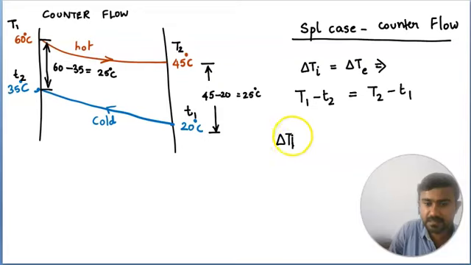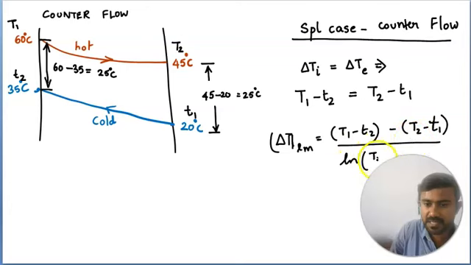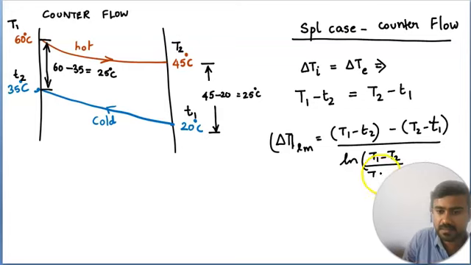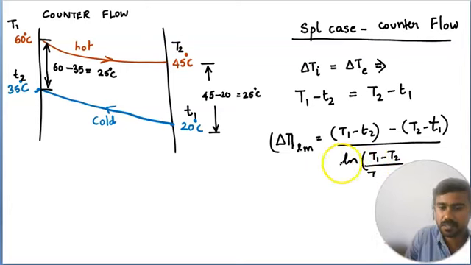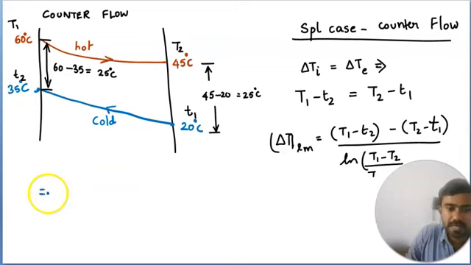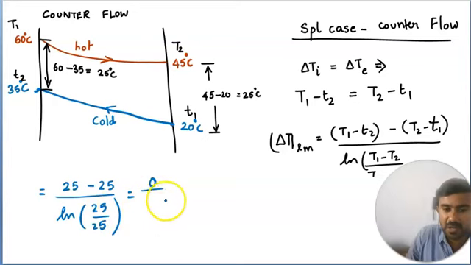The LMTD becomes (T1 minus t2 minus (T2 minus t1)) by logarithm of (T1 minus t2) by (T2 minus t1). If I put the same numbers, in this case 25 minus 25 by logarithm of 25 by 25, 25 minus 25 is 0 and log 1 is 0. So this becomes a 0 by 0 form.